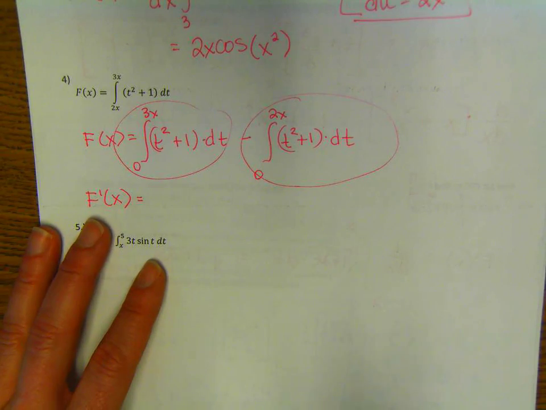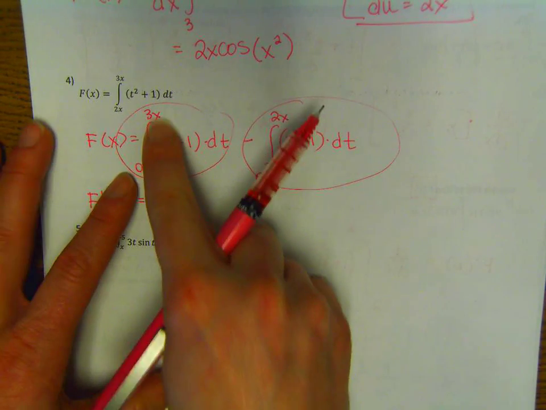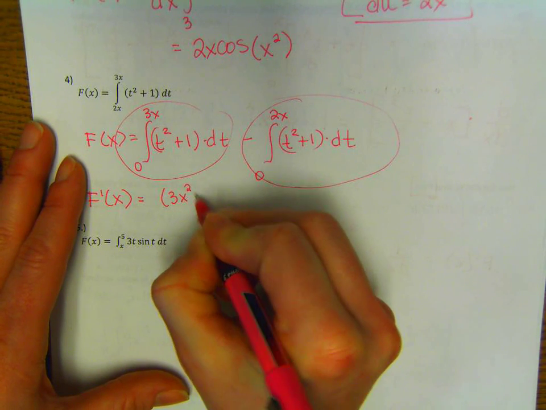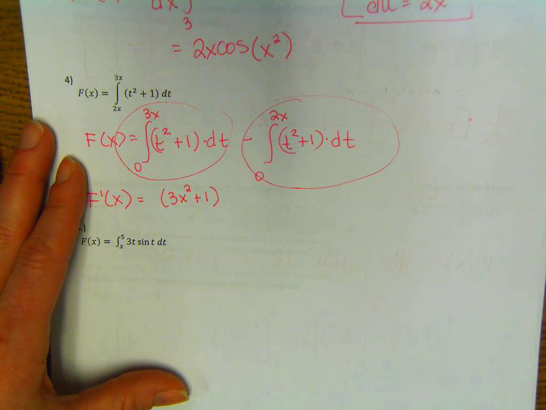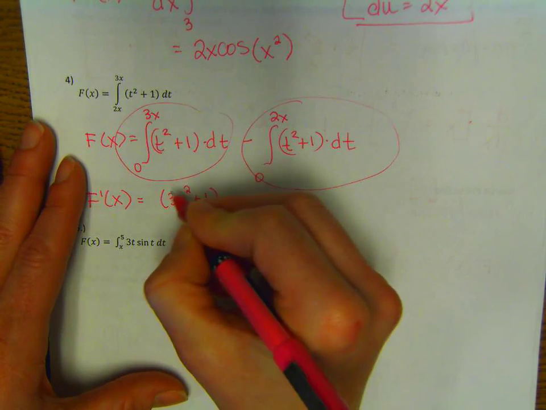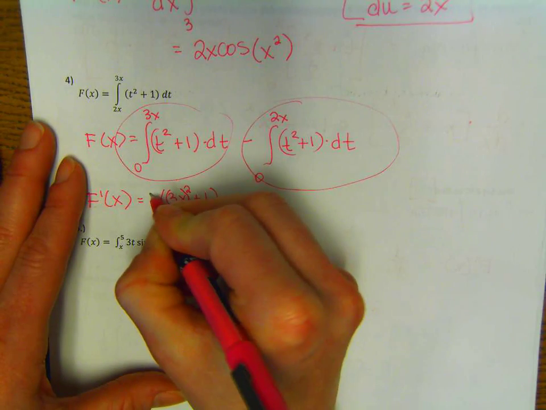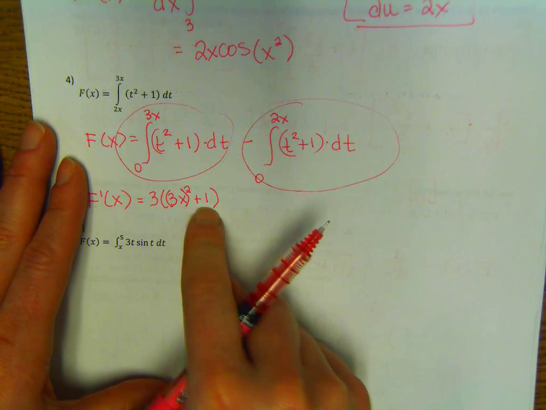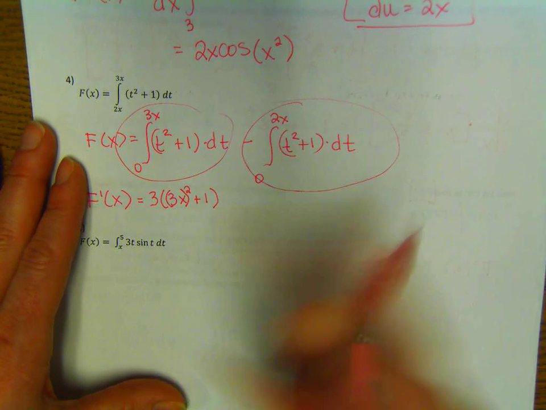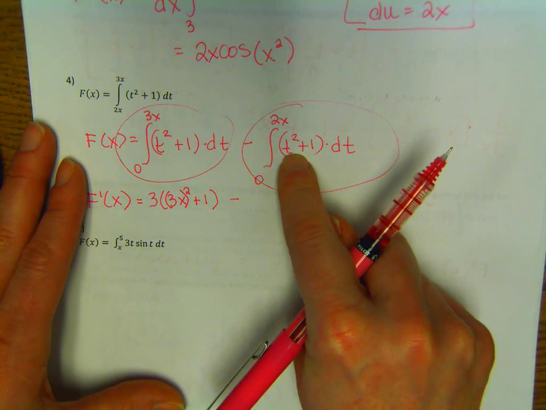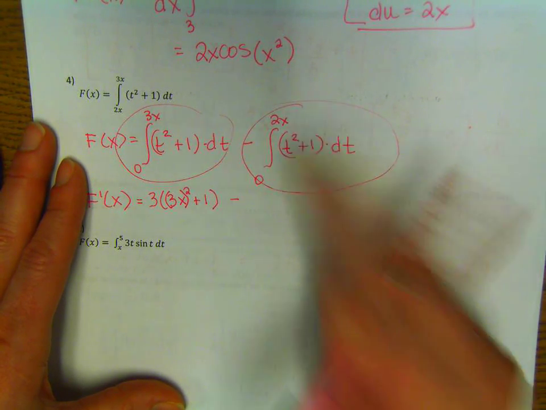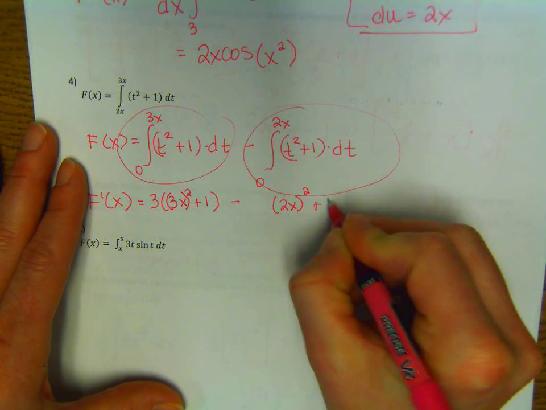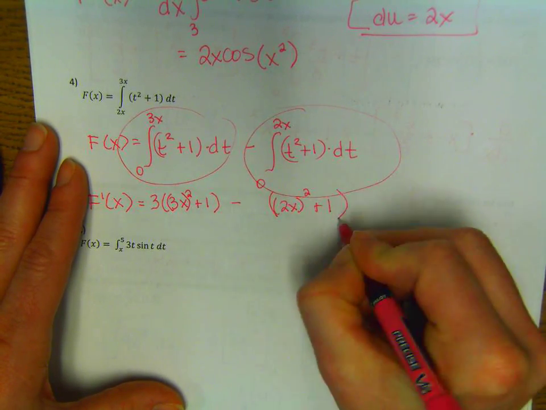So this part, instead of t squared, I would write (3x) squared plus 1, but then I'm going to multiply the whole thing by 3. What would happen over here? (2x) squared plus 1, and then I'm going to multiply that whole thing by 2.